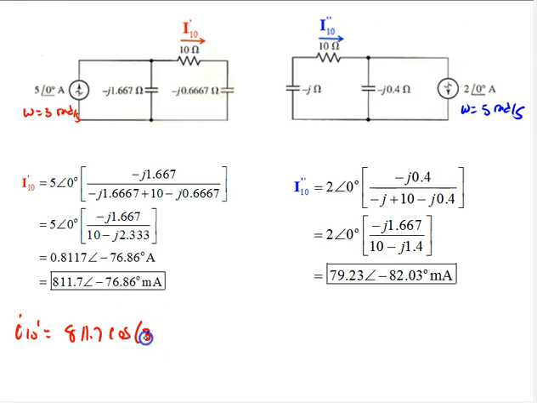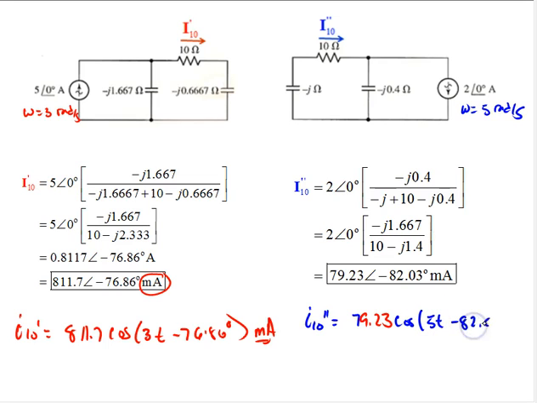So this is our 3t minus 76.86 degrees, and our I10 double prime is equal to 79.23. And this is, of course, milliamps. Sorry, let's go back. We might make sure we note our unit, milliamp. We'll go back to blue. Cosine of 5t minus 82.03 degrees milliamp.